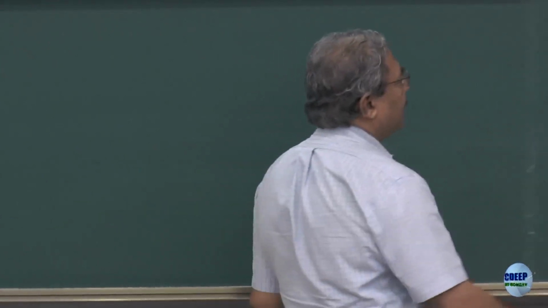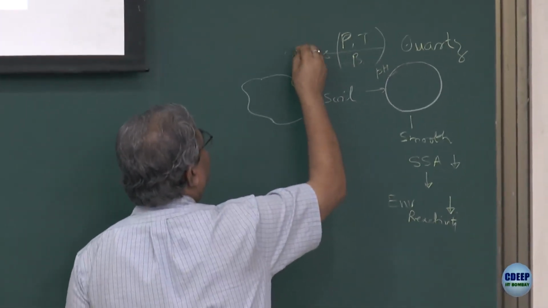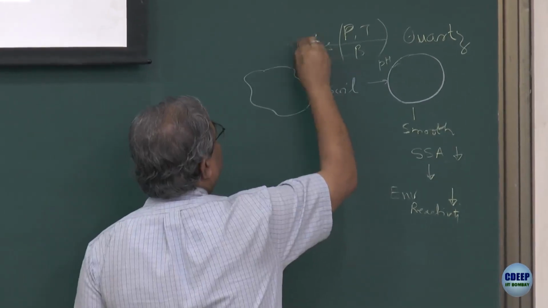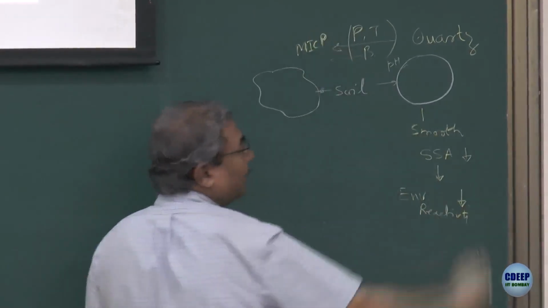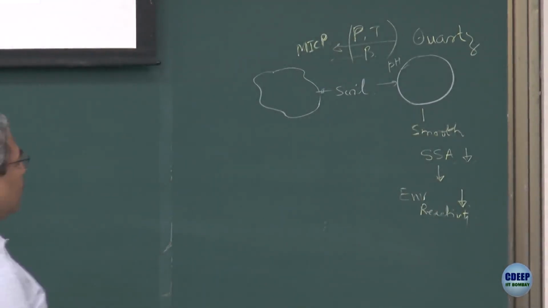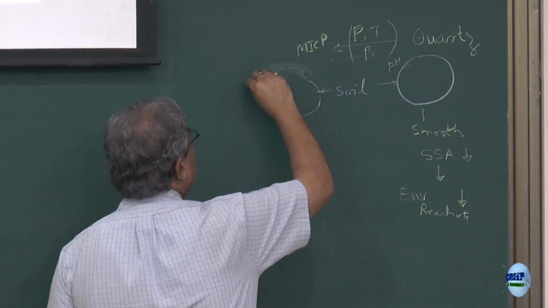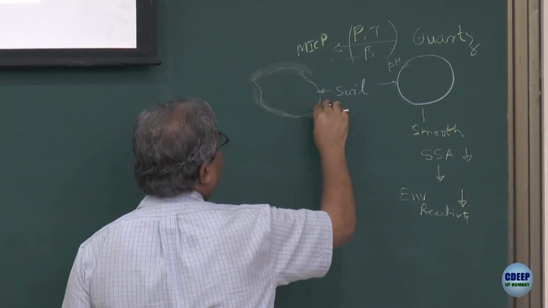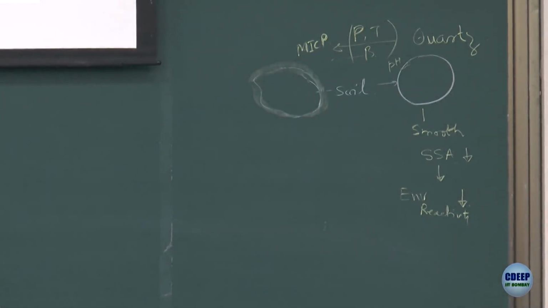The second example is bacteria might create MICP, if you remember. So, MICP is microbially induced calcite precipitation, and what may happen is on this surface you might have a coating which is done by the bacteria. This is what MICP is.